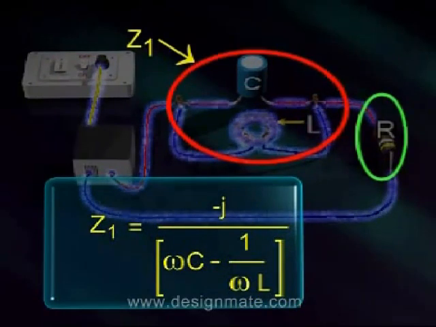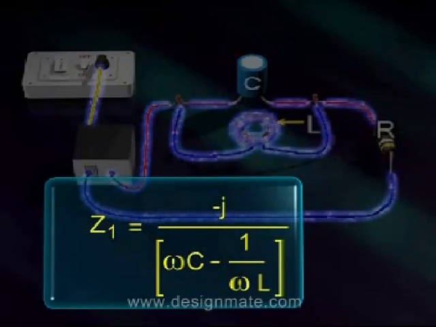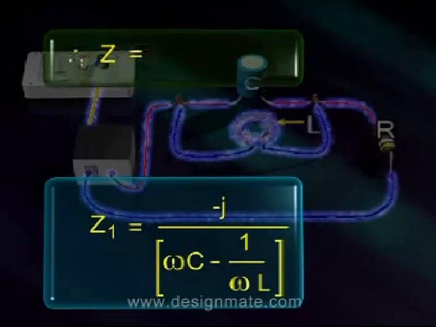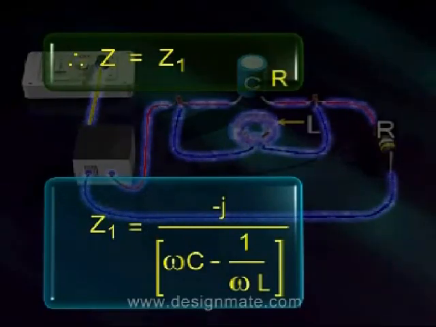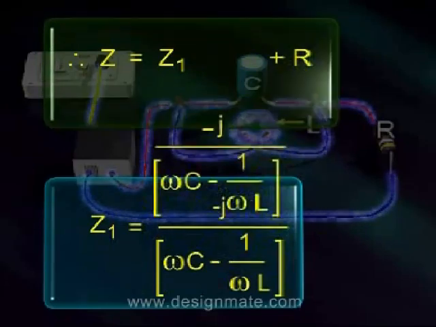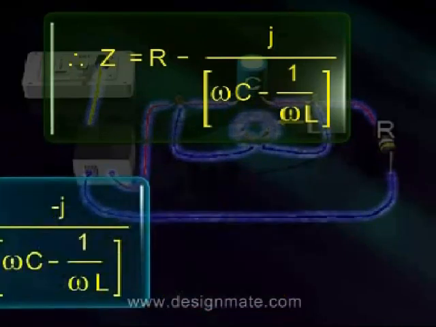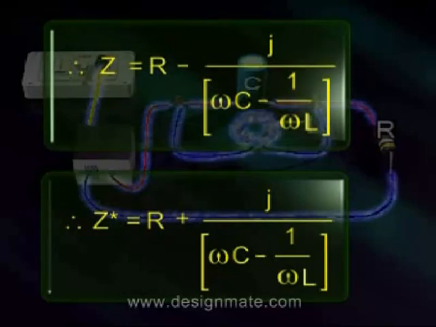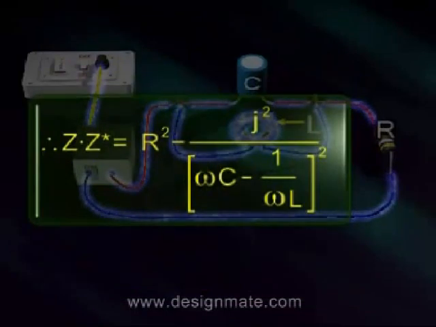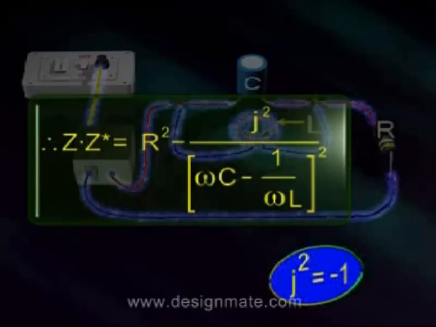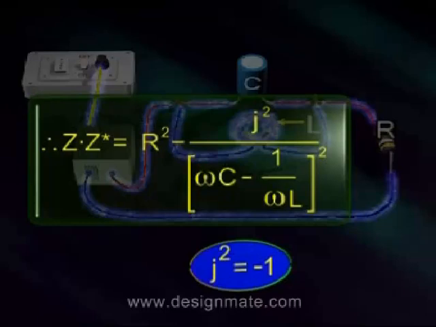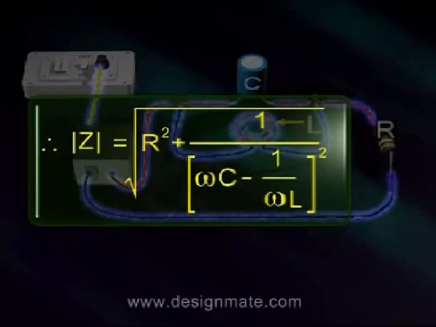Now Z1 and R are in series connection. Therefore, Z is equal to Z1 plus R, which is equal to R minus j upon omega C minus 1 upon omega L. Modulus Z is equal to square root of R squared plus (1 upon omega C minus 1 upon omega L) whole squared.